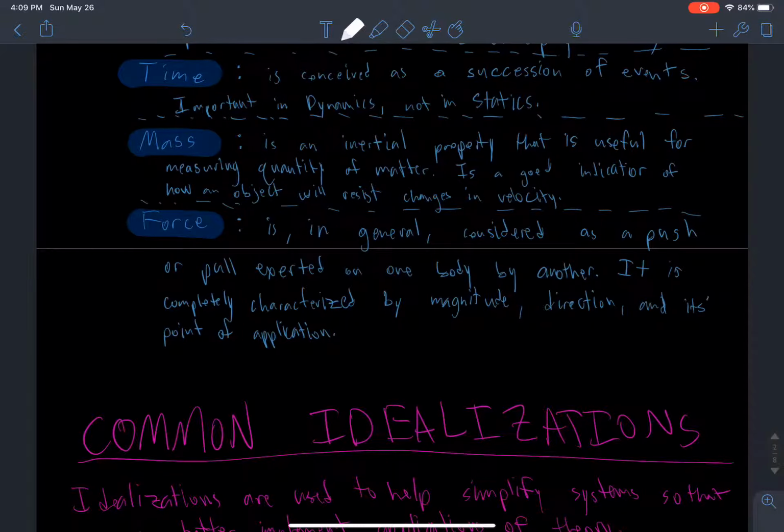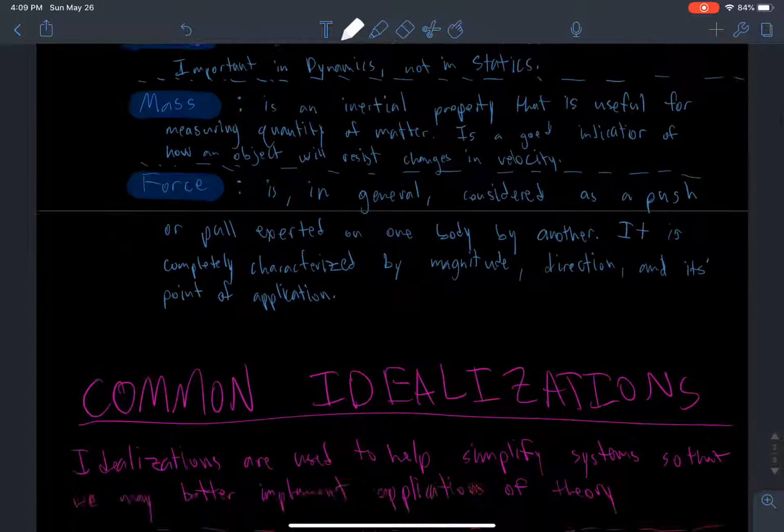Because if we considered every single small, minute detail from real life, then we would just make ourselves really weary with all the calculations that we do.